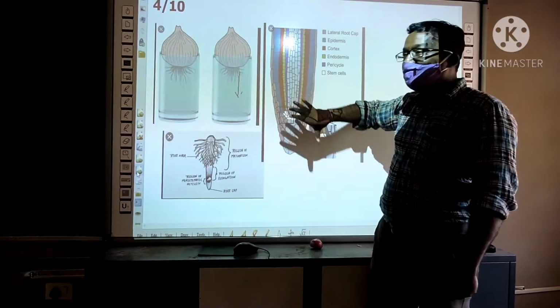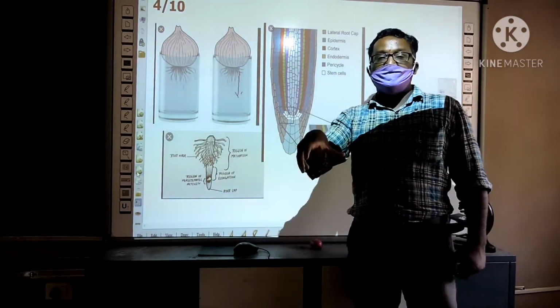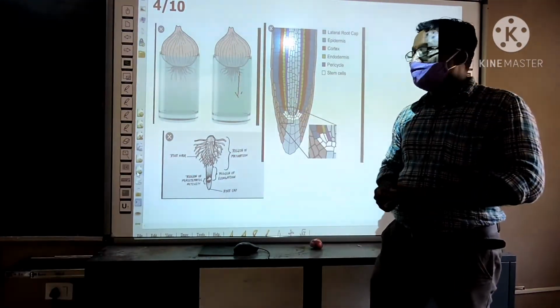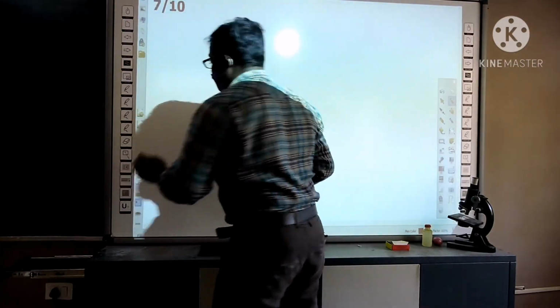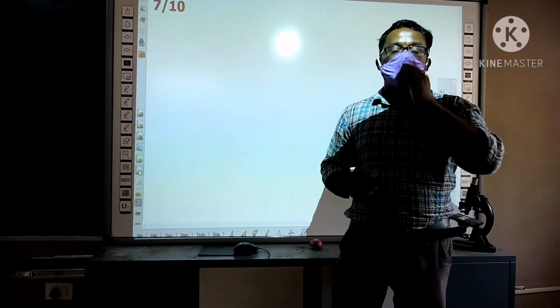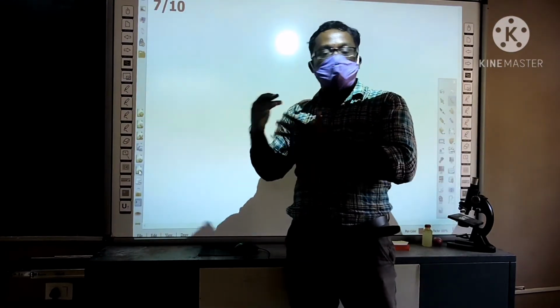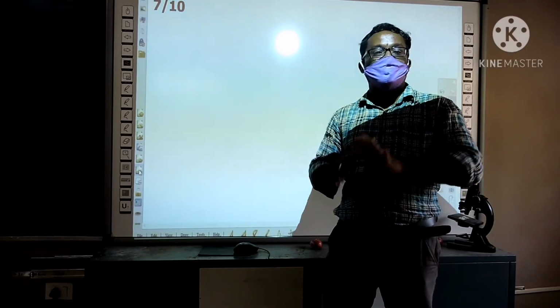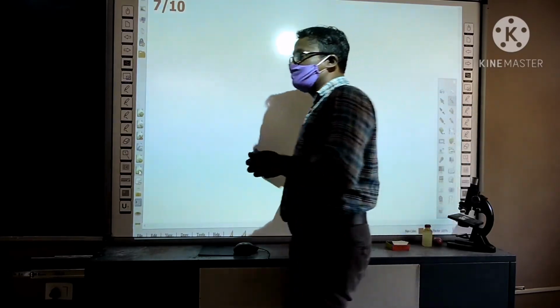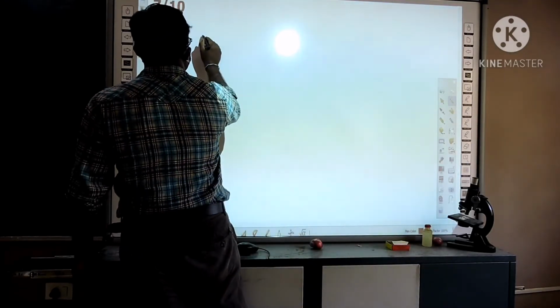So the arrangement and structure are related to the function. Based on the function and structure, the tissues in plants are classified into 4 types. So, types of tissues in plants.